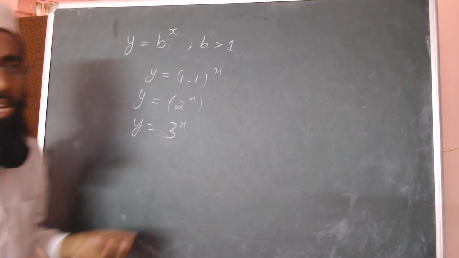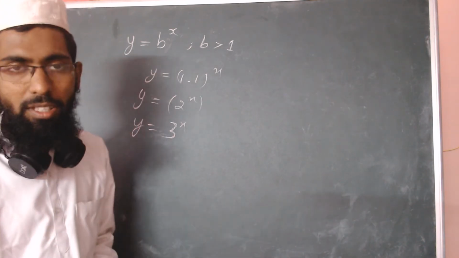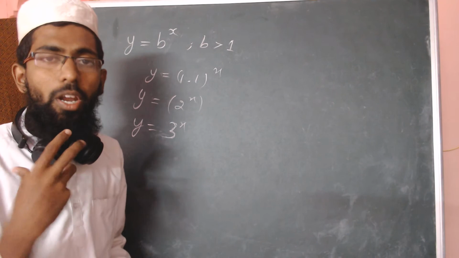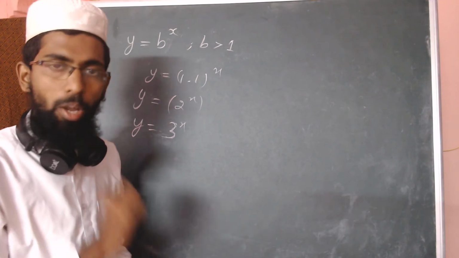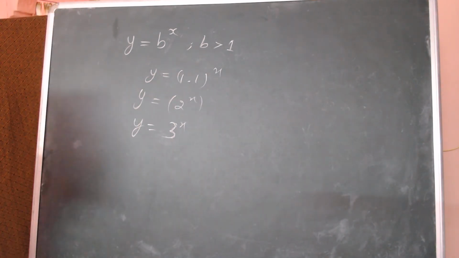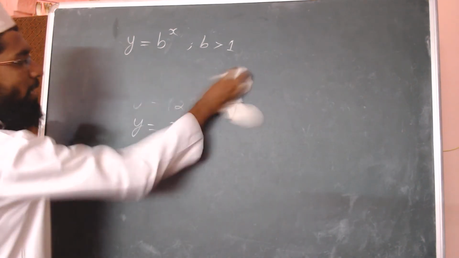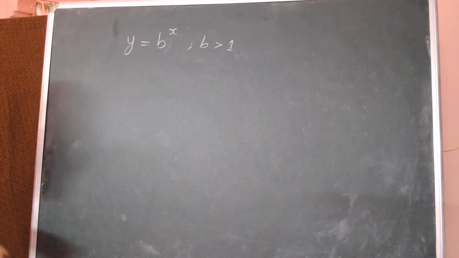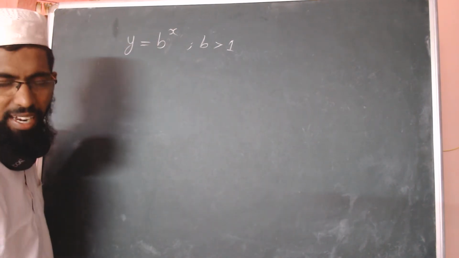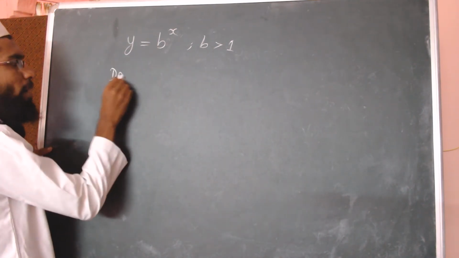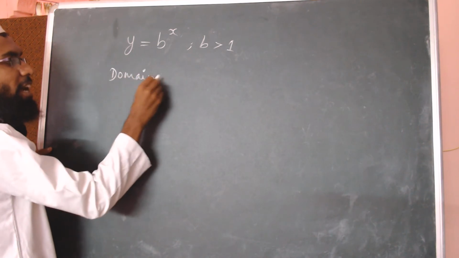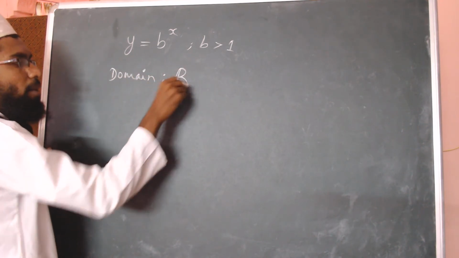Whenever we study any function, the next thing we have to discuss is the domain and the range of the function. Now the domain of this particular function is whatever real number you substitute, you will definitely get an answer for it. So the domain is the entire real numbers.